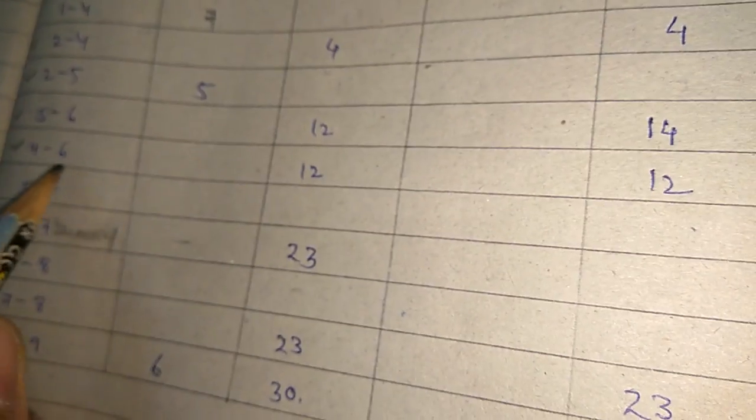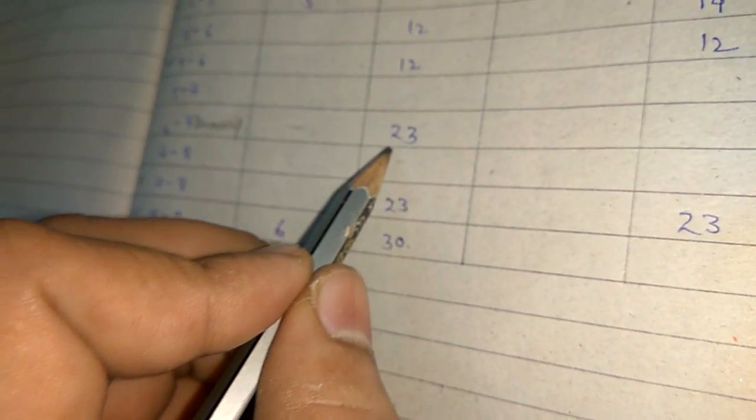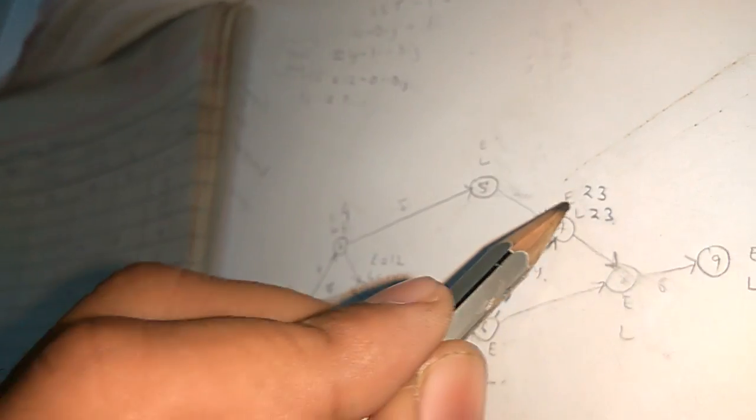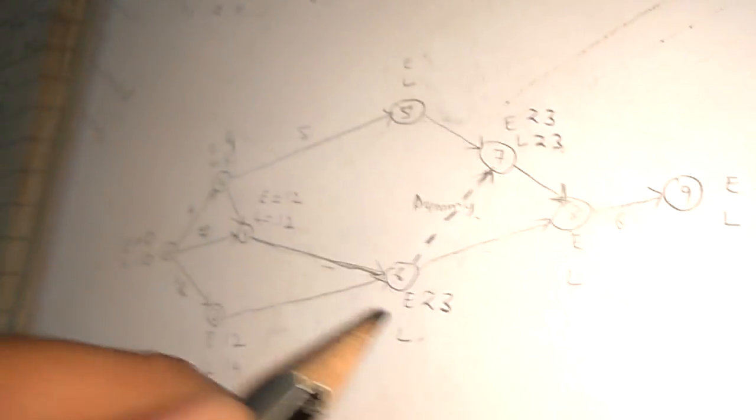Between 4 to 6, 12 and 12. Between 6 to 7, Ei is 23.